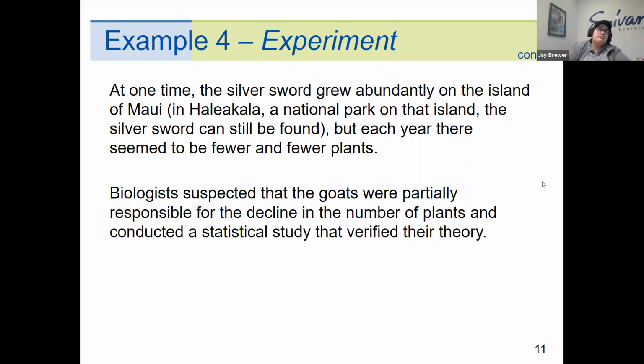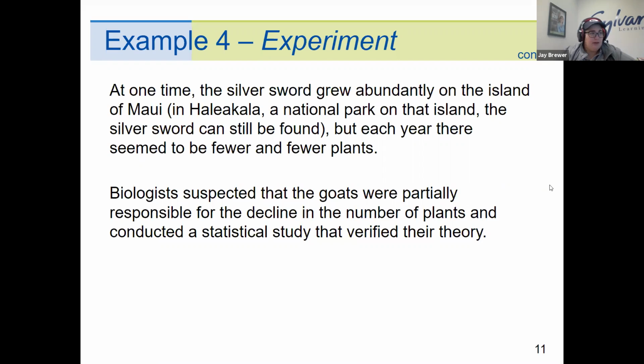At one time, the silver sword grew abundantly on the island in Maui. I am not going to try to pronounce that national park. The silver sword can still be found, but each year there seem to be fewer and fewer plants.